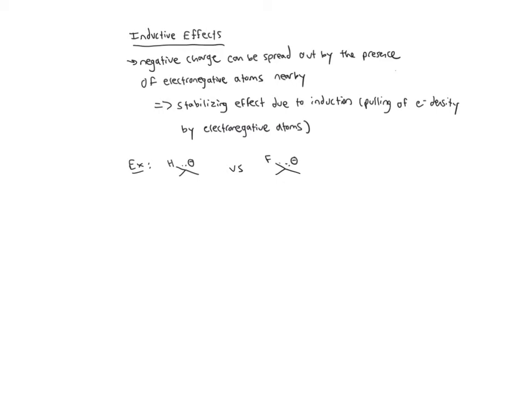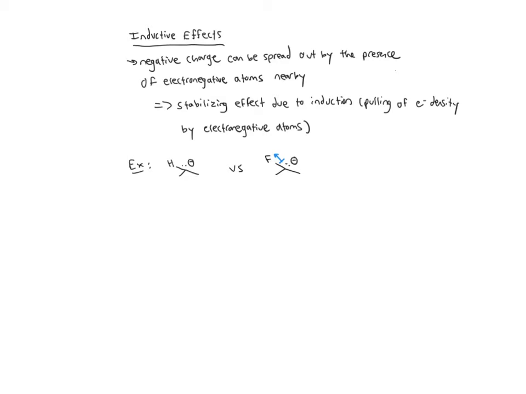So we can show what's happening in that bond to the carbon. It's going to be pulling the electrons towards it, and that's actually going to help to stabilize that negative charge because it's going to be spread out through that bond being pulled towards the fluorine. That's going to help stabilize that negative charge versus the hydrogen that can't really do that because it's not that electronegative.